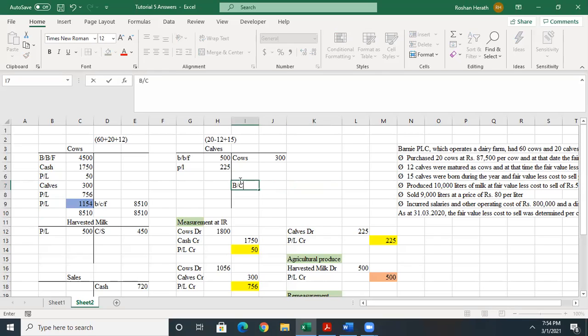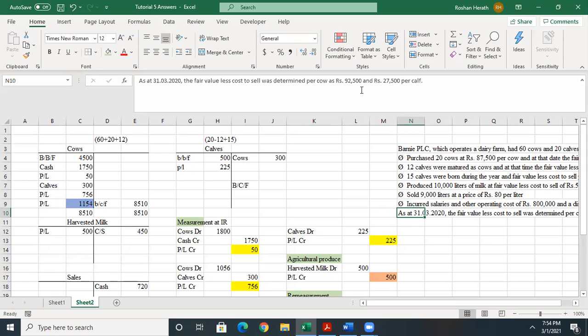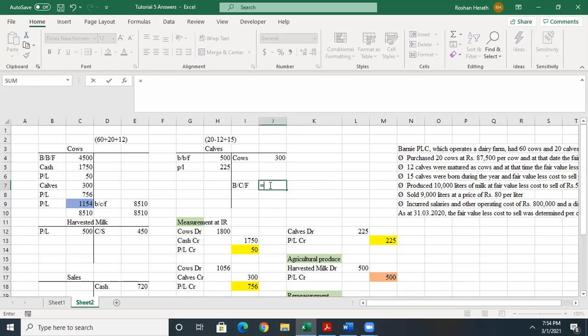The balance carried forward, it's 23 into, what is the value? The calf was 27,500. It's 23, 27,500. 632.5. It's altogether 933.2.